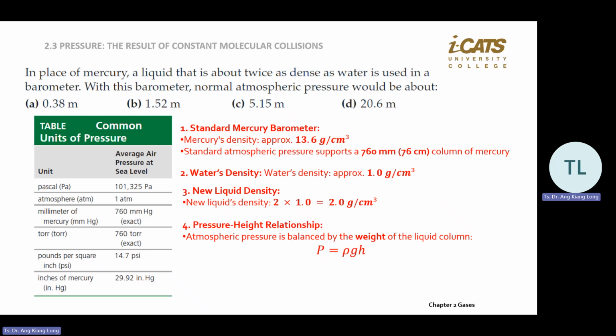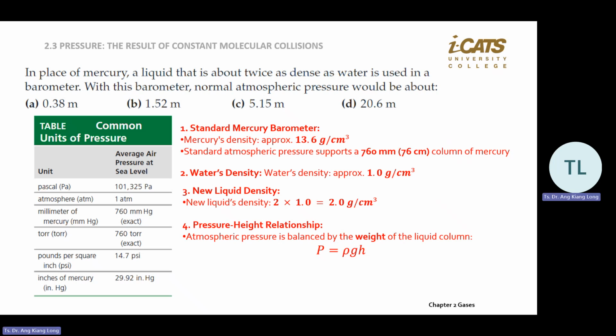So these are the steps, if the question comes out, these are the things that we expect to see in your answer. So first you need to state what the standard condition is, or what the standard equation is. Then you apply the equation.